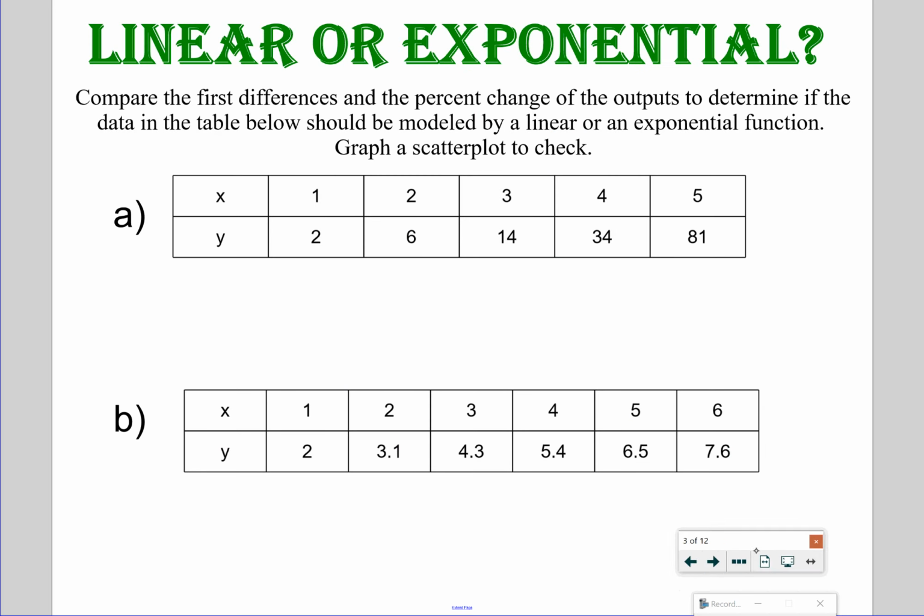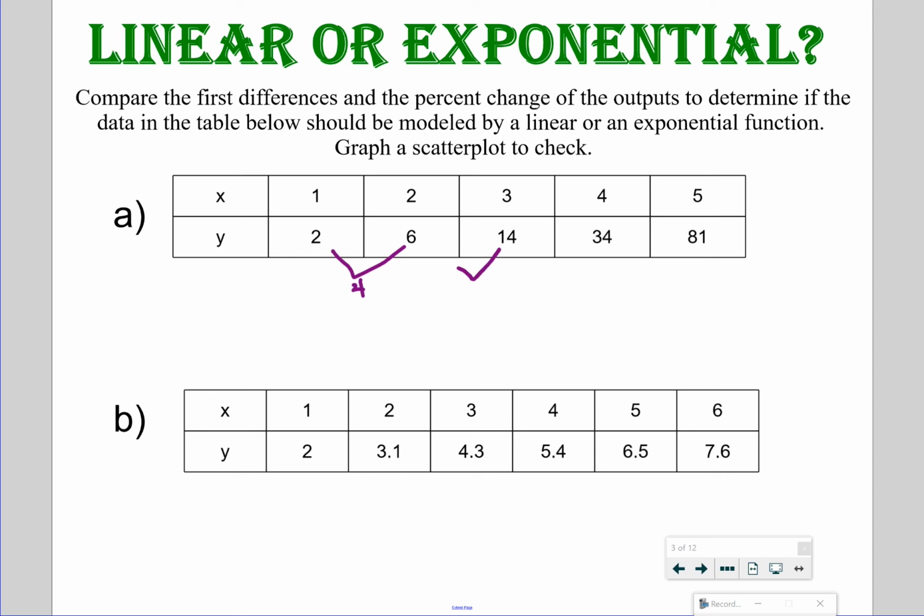Okay, so let's look at these. We're going to compare first differences, which remember is where we just subtract, we find the difference, and percent change to determine if a linear function, so let's review, would be appropriate, or an exponential function would be appropriate. So let's look at A together. If I'm looking at A and I calculate my first difference, the difference between 6 and 2 is 4.